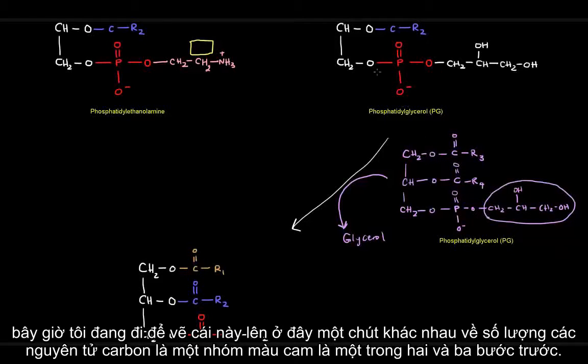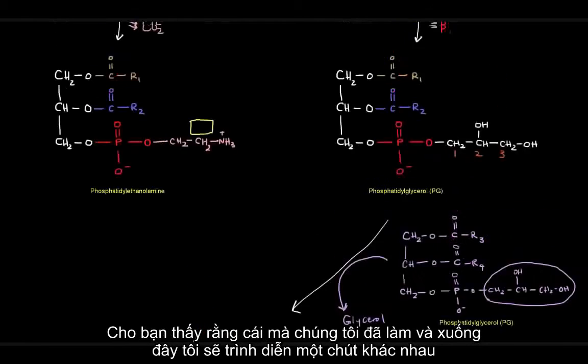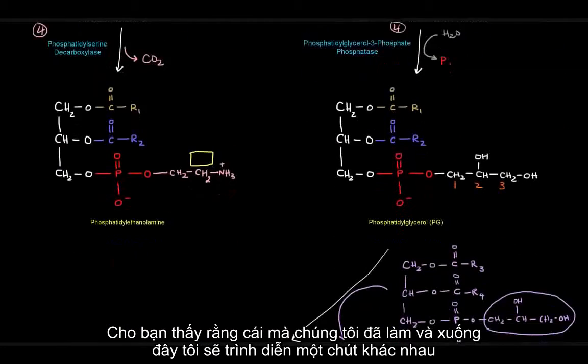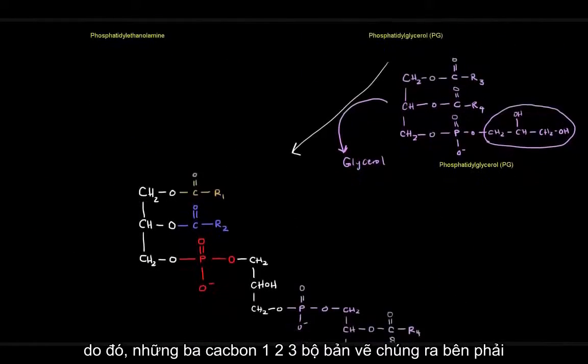Now, I'm going to draw this one up here a little bit differently. We numbered these carbons as 1, 2, and 3 in orange earlier. Let me just go back and show you that we did that. So down here I'm going to show it a little bit differently.